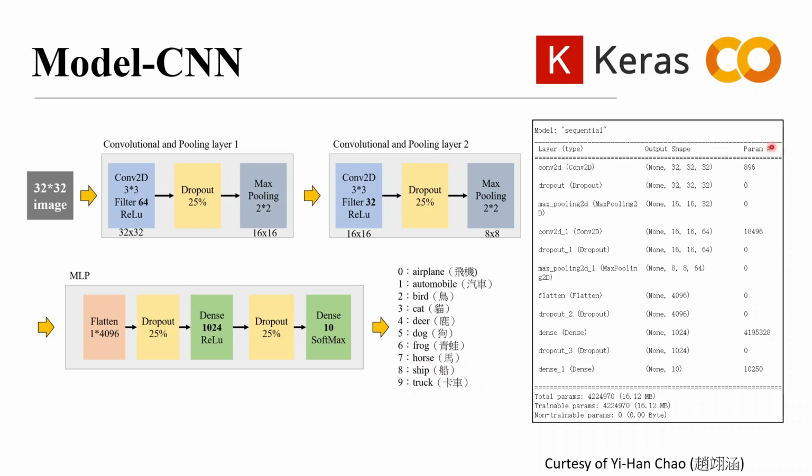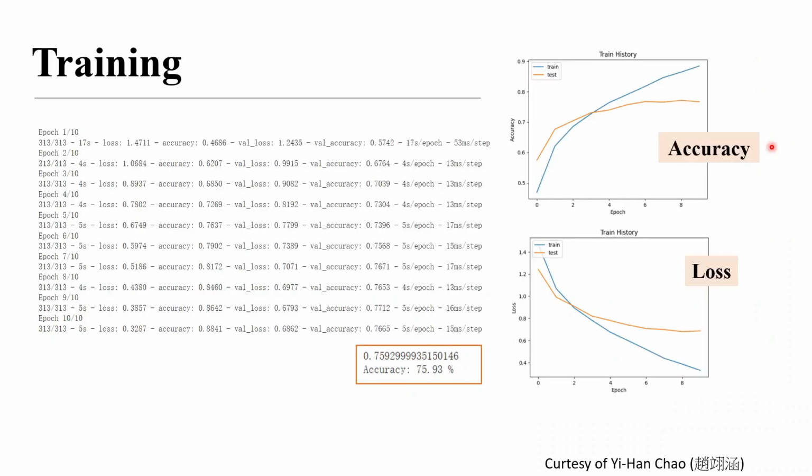She created a neural network, and she tries to use the neural network to do the CIFAR-10 image classification task. This is the architecture of her network, and she got a performance of about 75.93% accuracy.